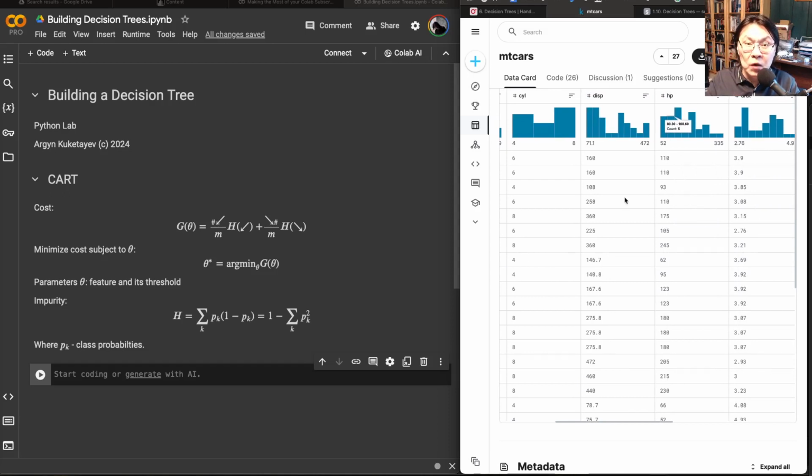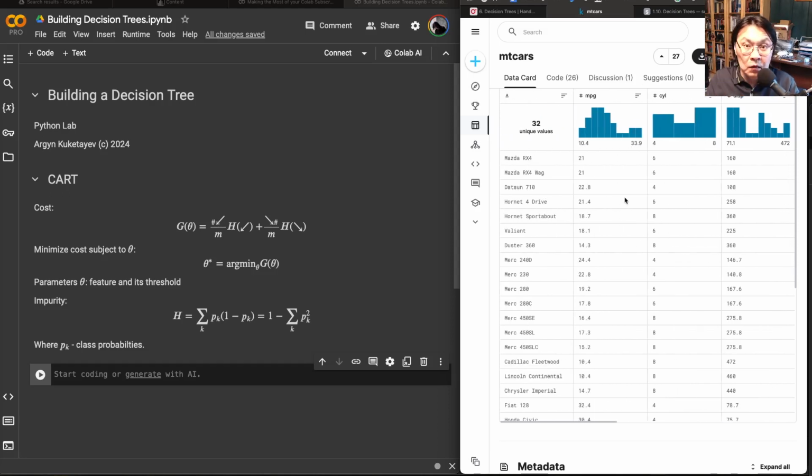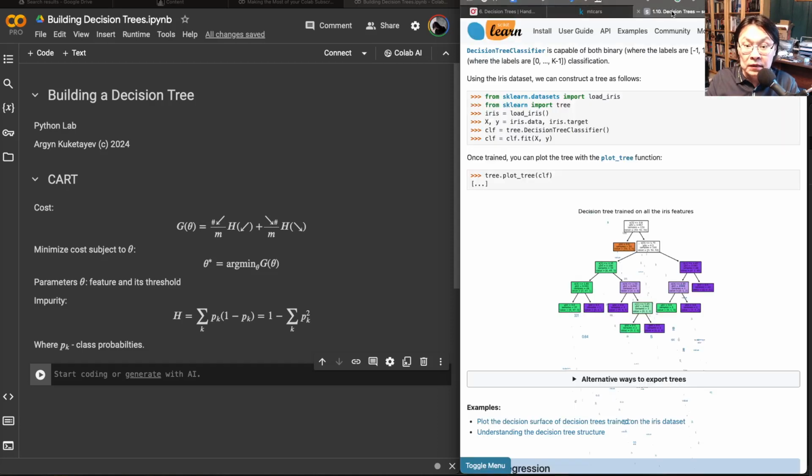For each one of them, we will find the best threshold, and then we'll compare them across all the columns. Whatever column and its threshold delivers the lowest cost of this kind, that column and threshold will be chosen as the parameters for the split, right?